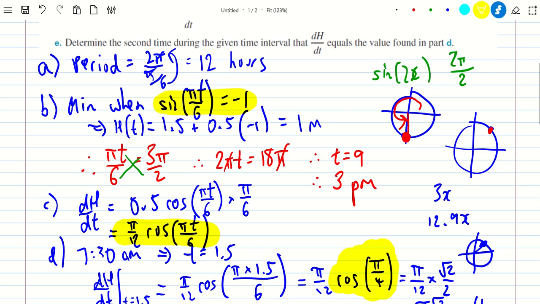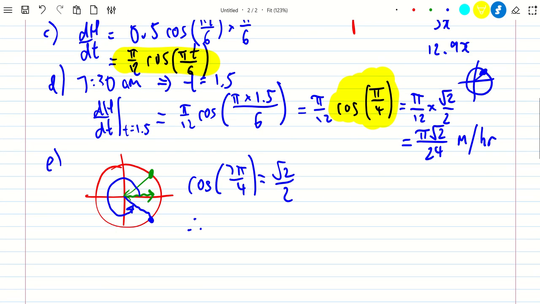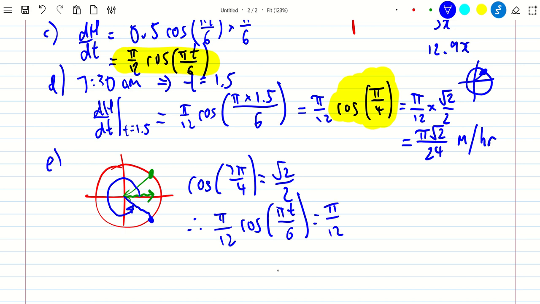So we want pi on 12 cos pi t on 6 to be equal to pi on 12 cos pi on 4. That's what we're trying to find, from the original, from part D.